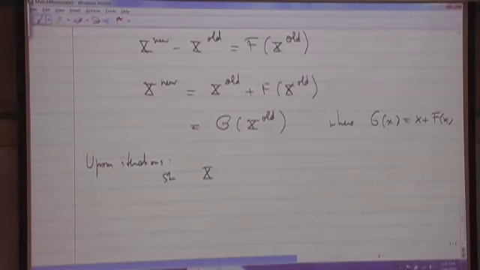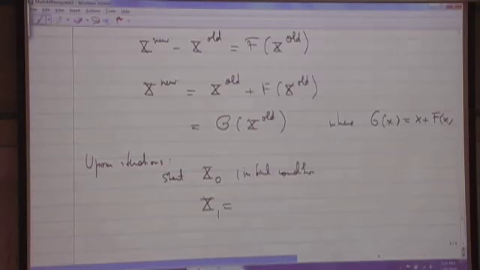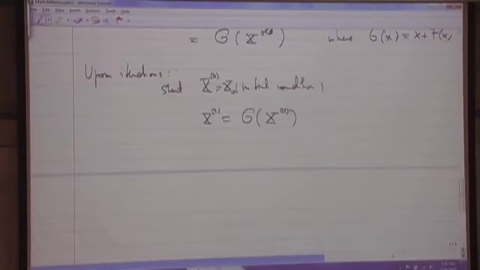You start with x0, right? That's the initial condition. Then x1 is going to be, I think I used these superscripts, x0 is x0, x1 is g of x0, right? x2 is going to be g of x1.